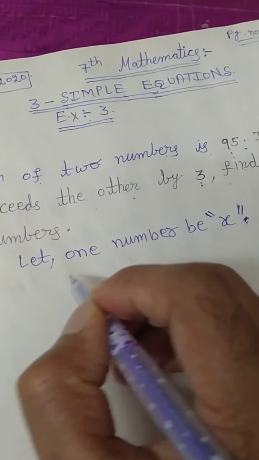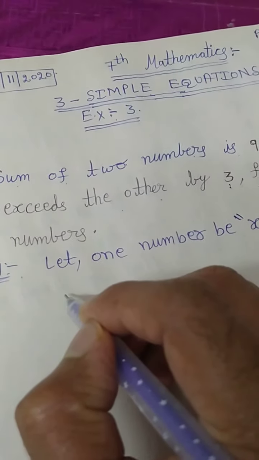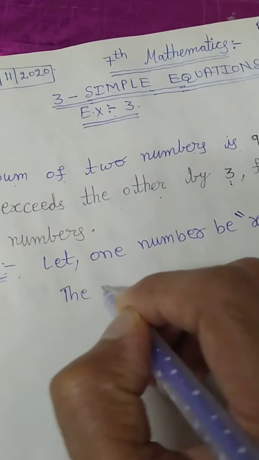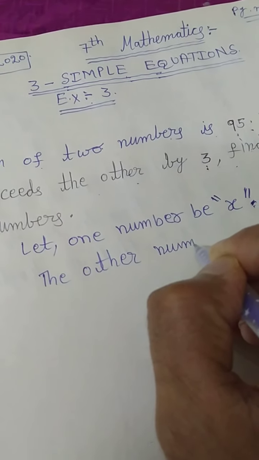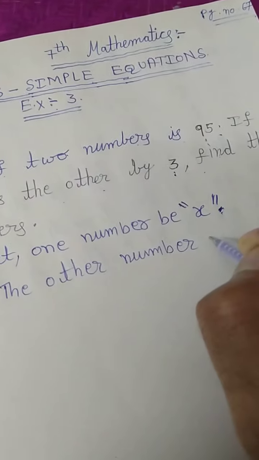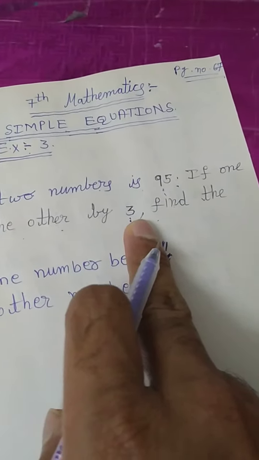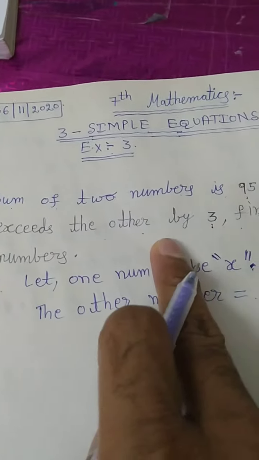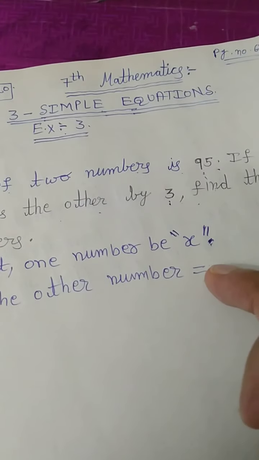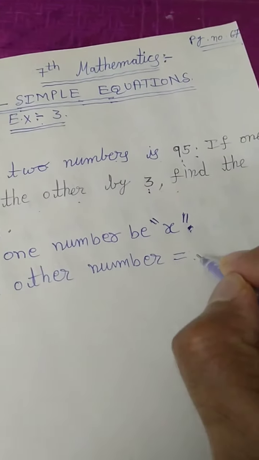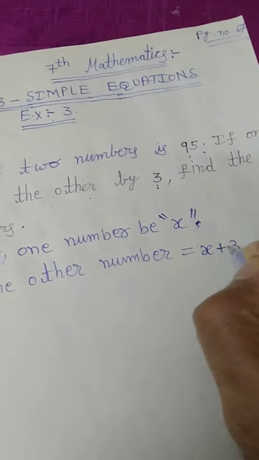Let one number be x, and the other number is exceeding by 3. So the other number is x plus 3. Exceeds means increase.